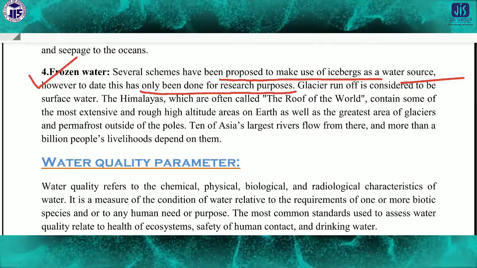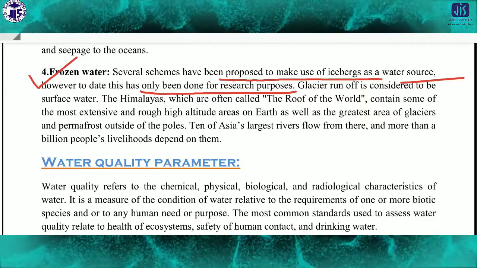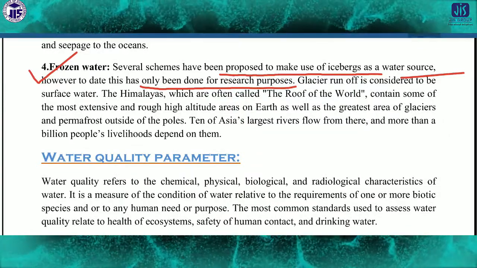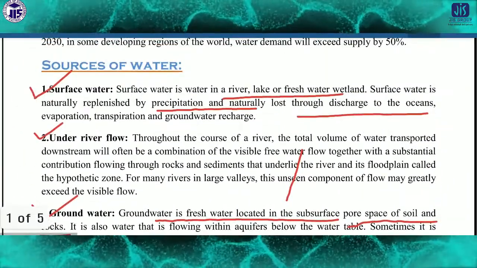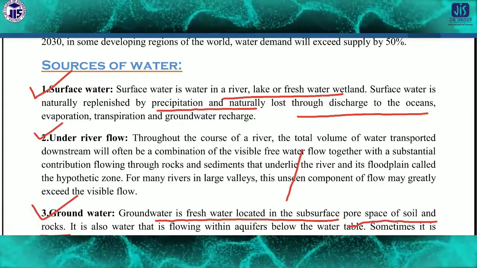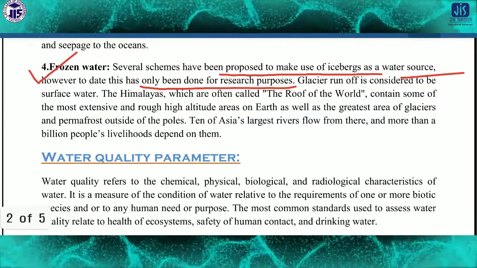Till now it is not used, but it can be used. From that point of view, it is a source of water. So that means there are actually 4 kinds of sources of water. First of all, surface water. Second, underriver flow. Third, groundwater, and the fourth one is frozen water.